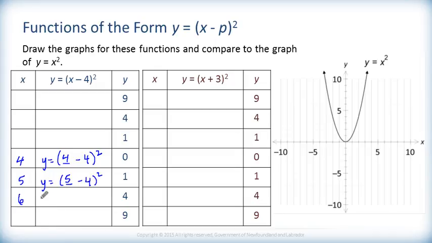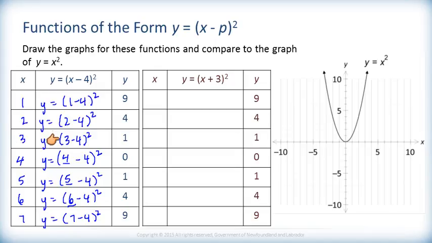Likewise, I must have started with a 6 in order to get 6 minus 4, which is 2, and squaring 2 gives me the 4 that I need. If I start with 7 here, I get 7 minus 4 squared. That's 3 squared, which is 9.